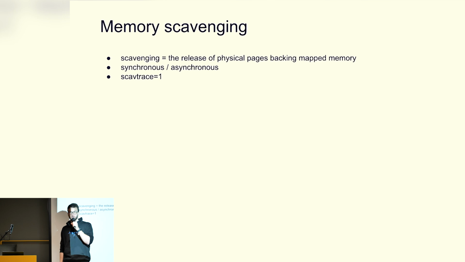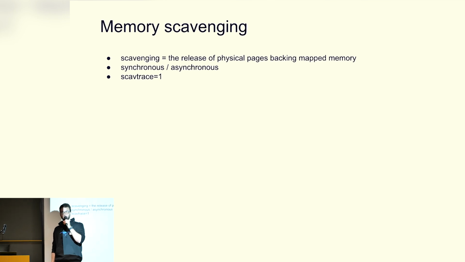The formula for when it runs is not that straightforward. It changes the pace based on the heap goals given by the garbage collector. And of course, there is also scavtrace, which you can set again in the GODEBUG env, and it will print out what the scavenger is actually doing.